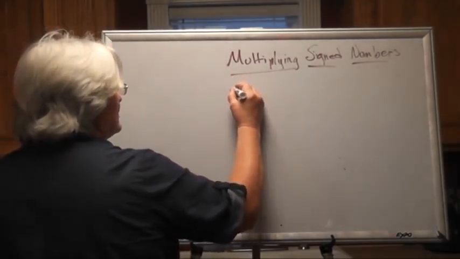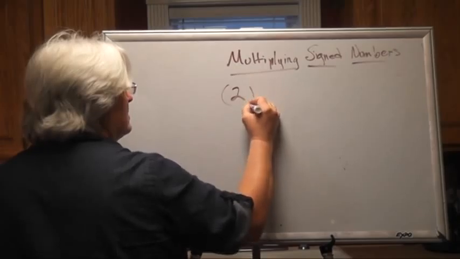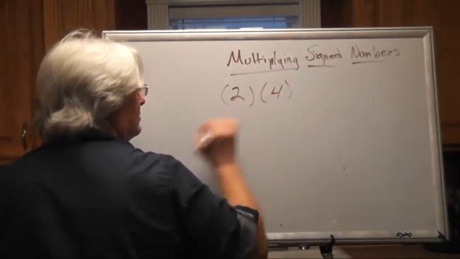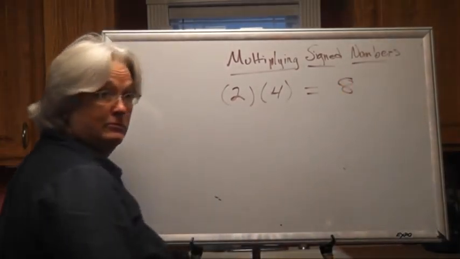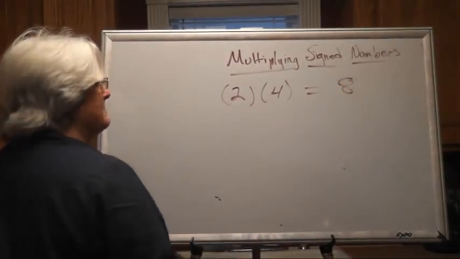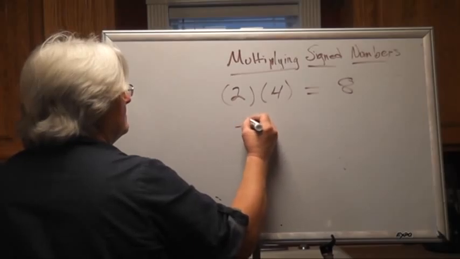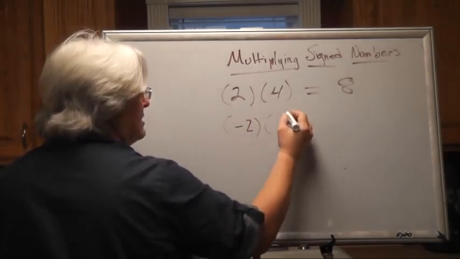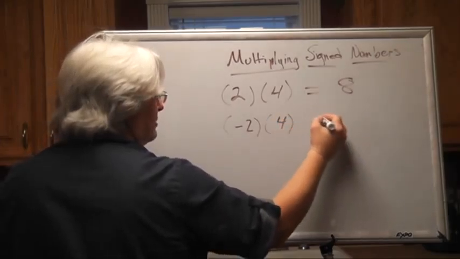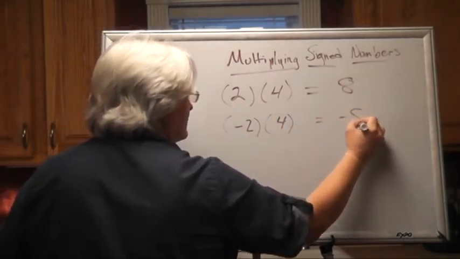We know that if we say 2 times 4, that's equal to 8, correct? Okay. Well, if we take a -2 times a +4, I'm just going to tell you that that's a -8.